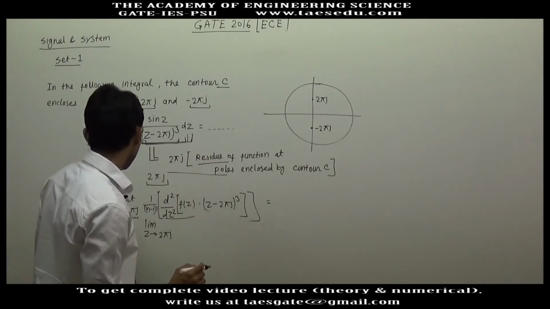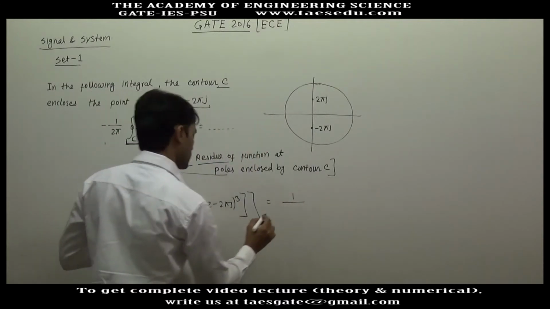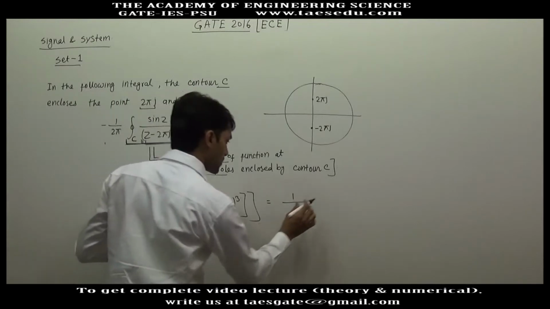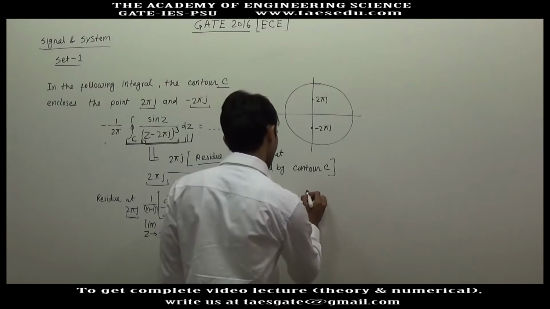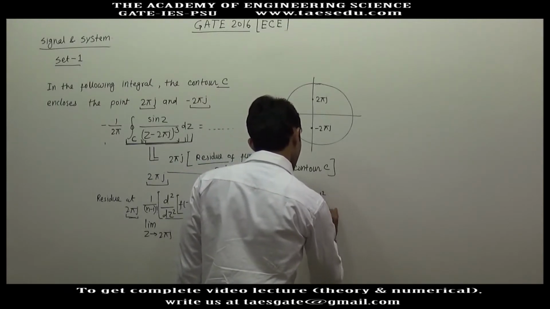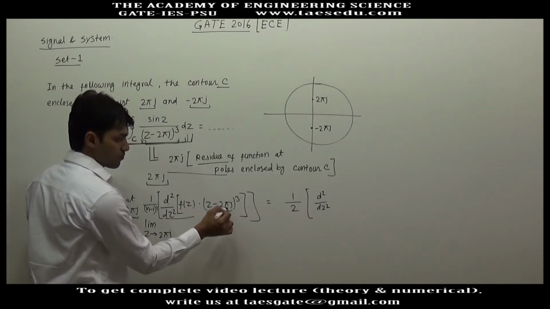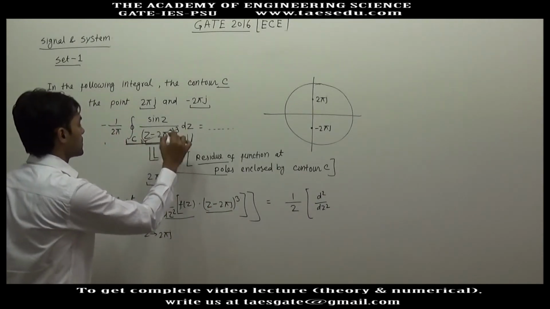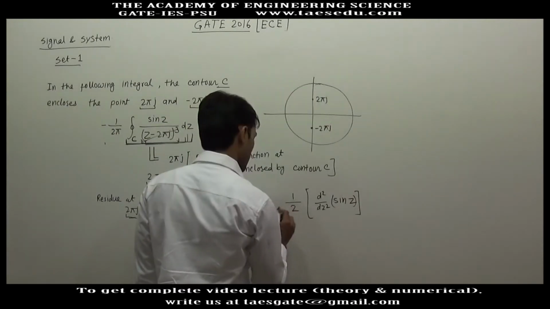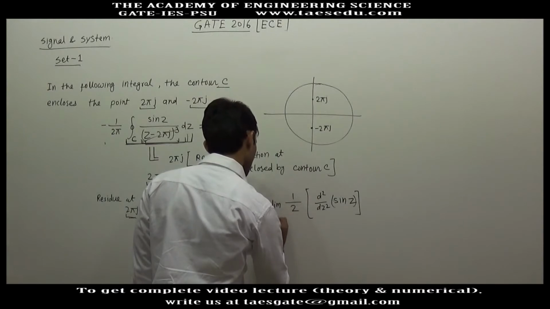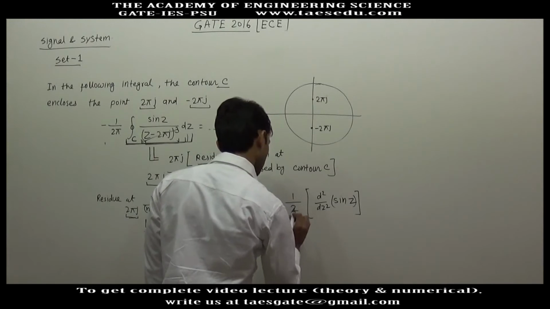So residue at 2 pi j, 1 upon (3 minus 1) factorial, which is 2 factorial, and 2 factorial is 2. d2 by dz square of f(z) into (z minus pole) cube, this will be cancelled, and here we will have sin z, and limit z tends to 2 pi j.